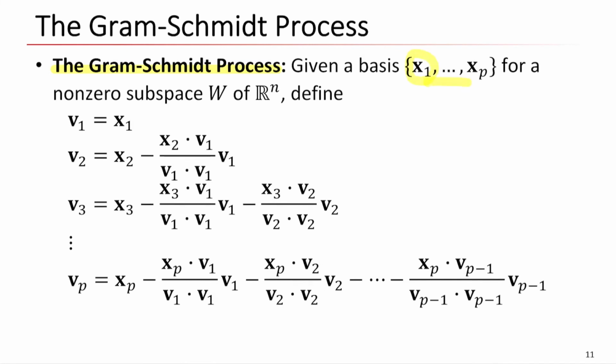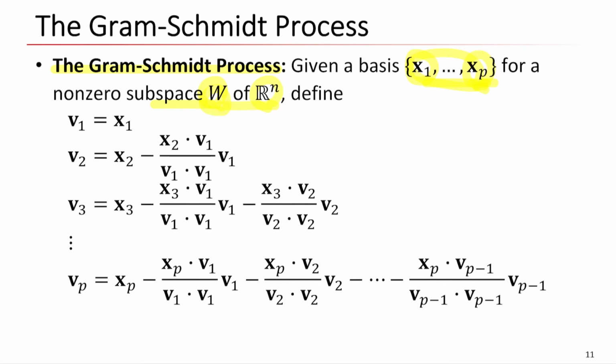Given a basis x1 through xp for the non-zero subspace W of the Rn space, then we want to find the orthogonal or orthonormal vectors for subspace W, right? By using this kind of basis.